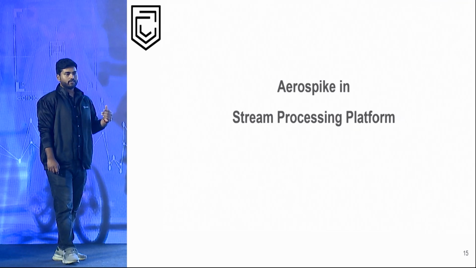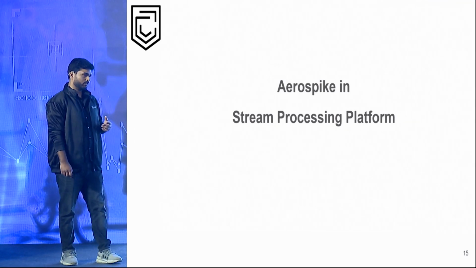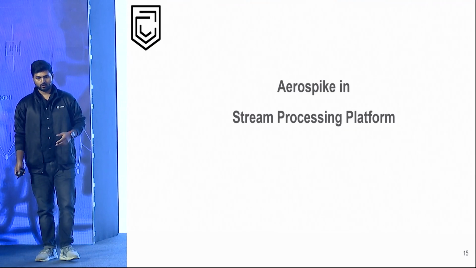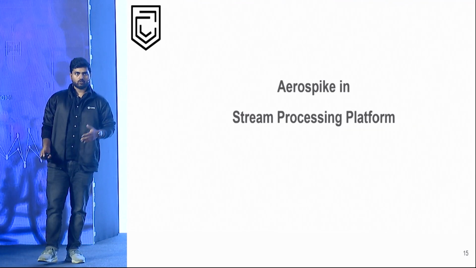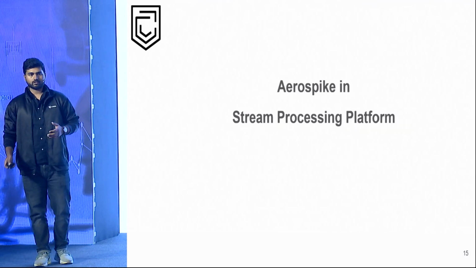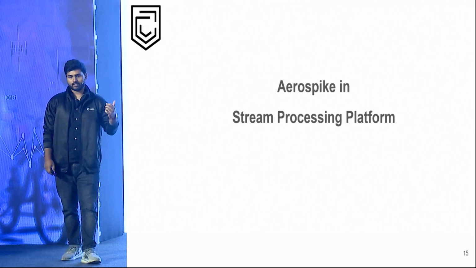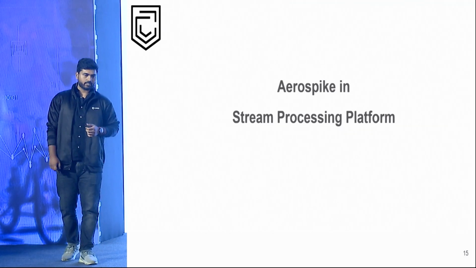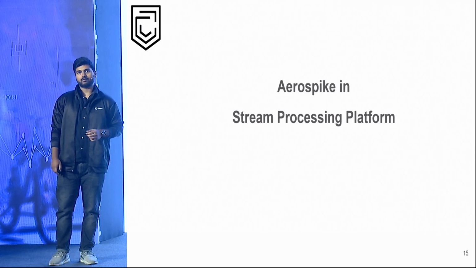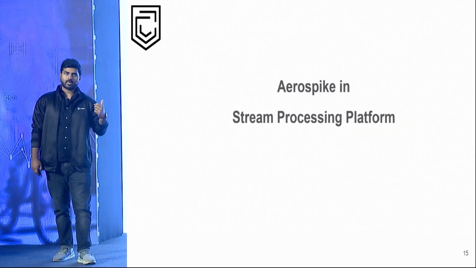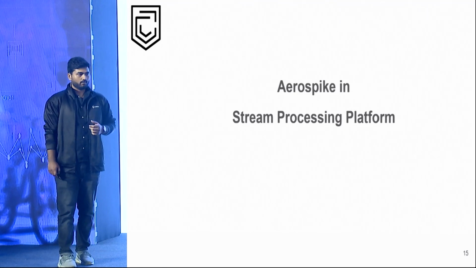We talked about the attribute store, which you can think of as a user profile service store. It could also be used as a feature store. It can be on different variations; it just works on the same data model. We just optimized it for our use case, and we saw a lot of goodness coming out of the system. The second part to that is the stream processing platform that we have at CRED.